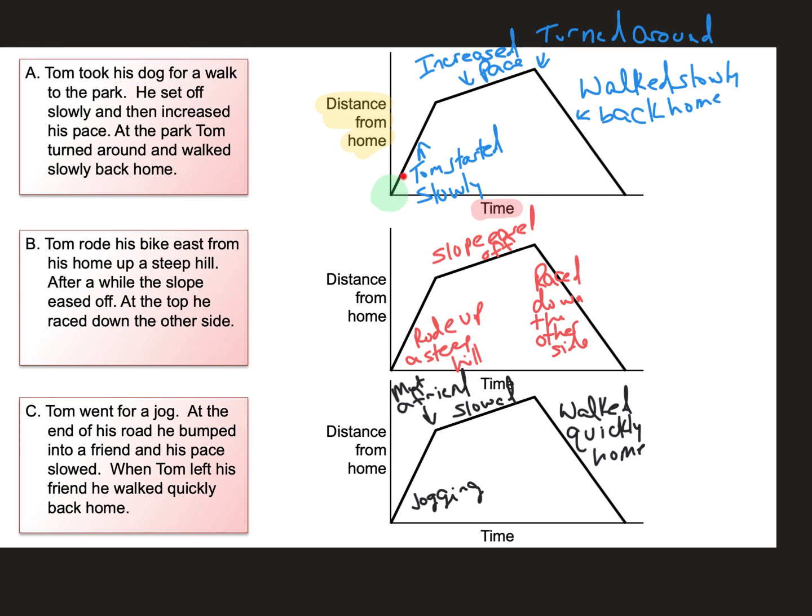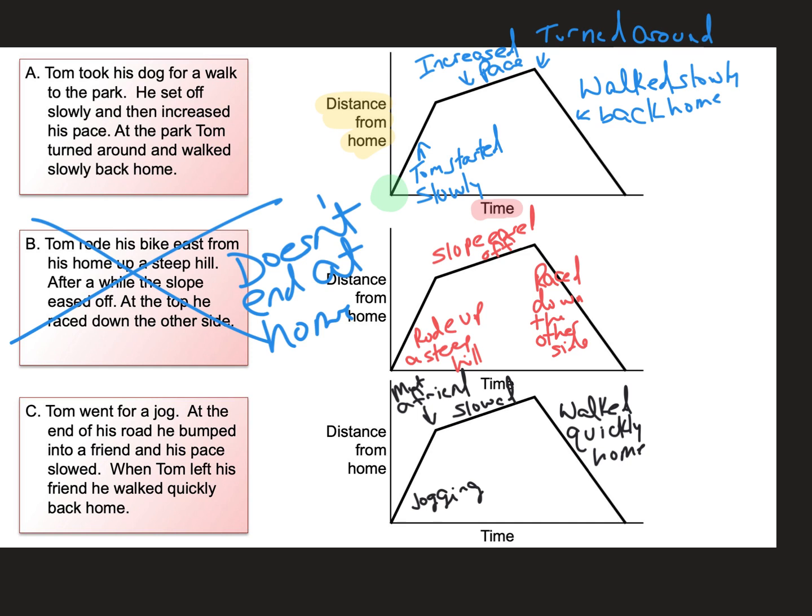So if my distance from home is 0, that means I must start at home. This also means I'm back at home over here. So I need to start at home and end at home. Well, that means I can rule out B, because B doesn't end at home. So I'm going to write that here. It doesn't end at home. Okay, so then let's look at the other two options.